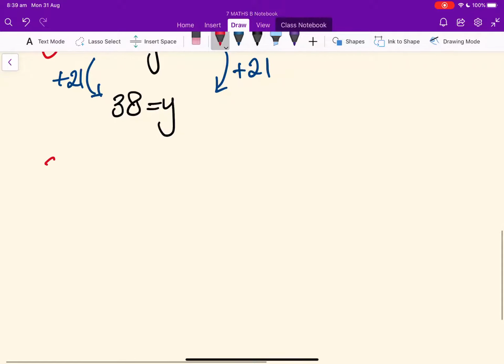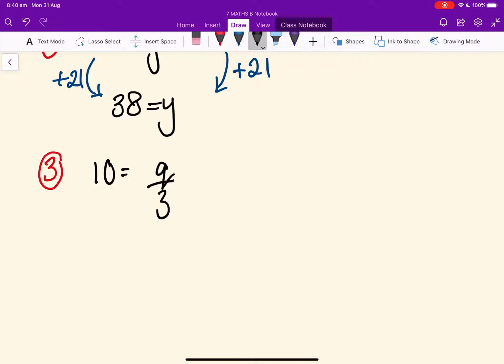One more. 10 equals q over 3. Now, again, we want this q, which is our pronumeral, by itself. So this 3 here is being divided. So what's the opposite of dividing?